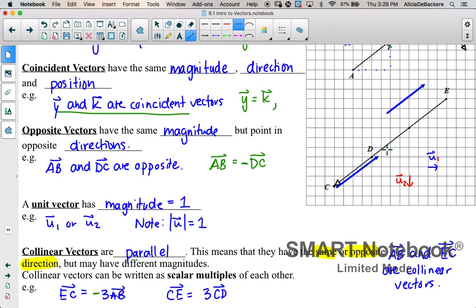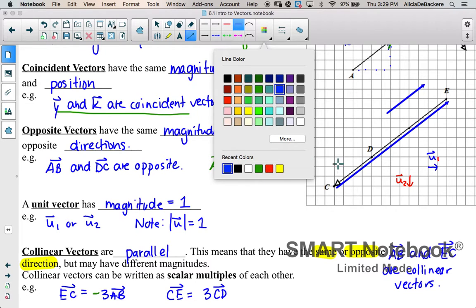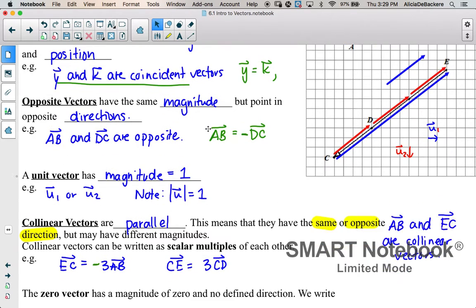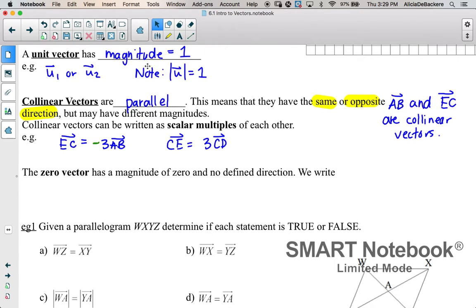So here's C to E, and it's the same as 3 C to Ds. So there's a C to D, and if I do that 3 times, I'm going to get 2 equal vectors. The arrows are pointing in the same direction. And this is going to happen whenever I have parallel vectors. I will be able to write them as a scalar multiple of each other.